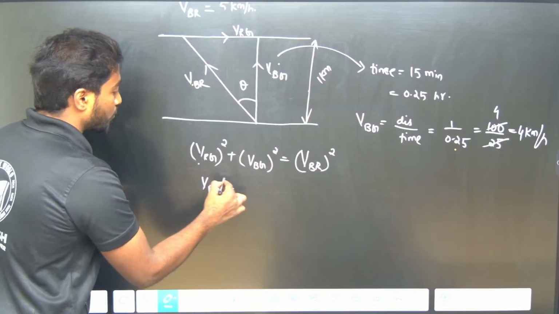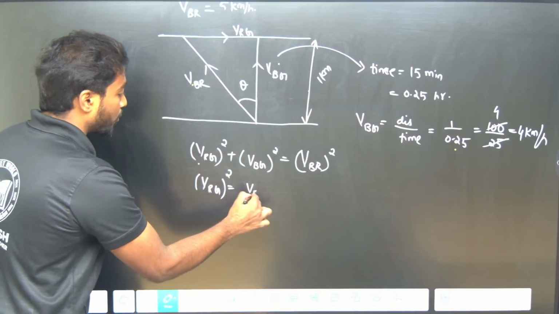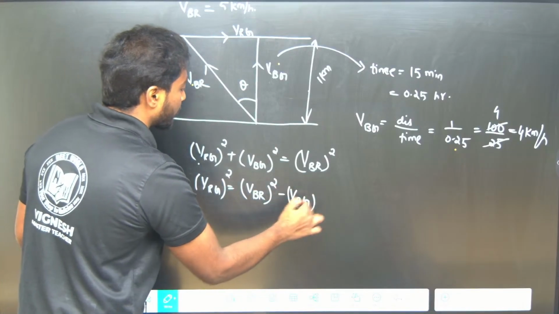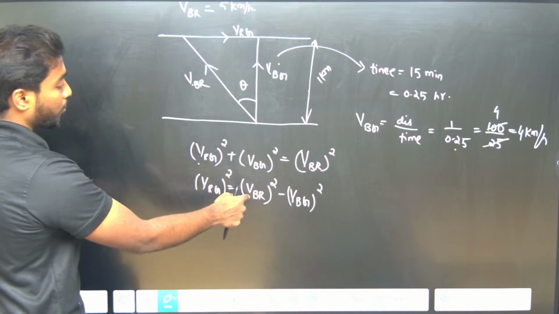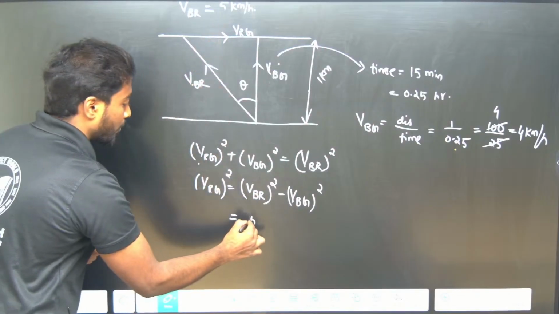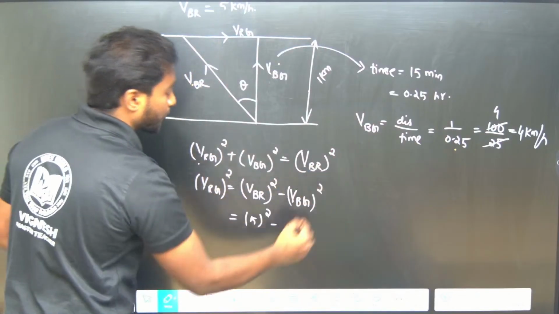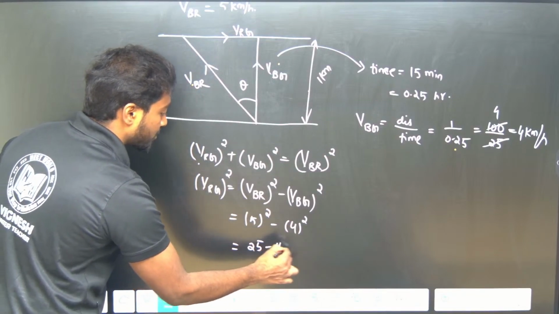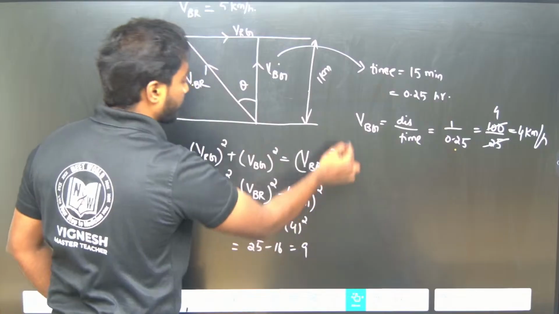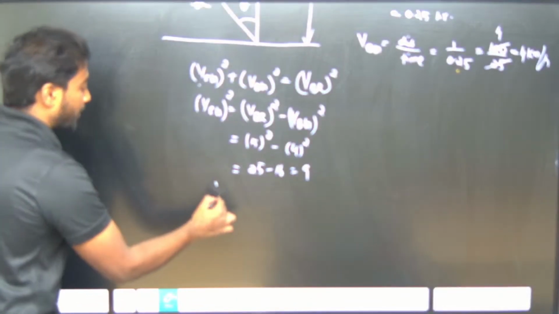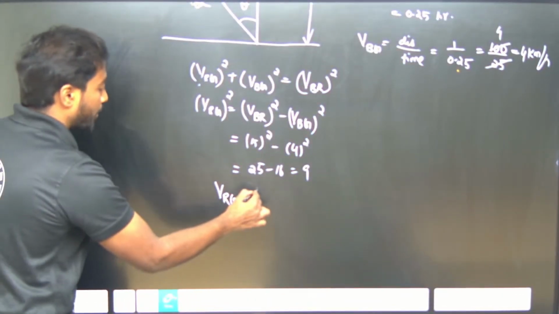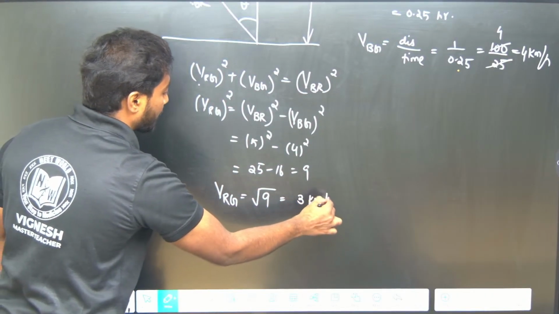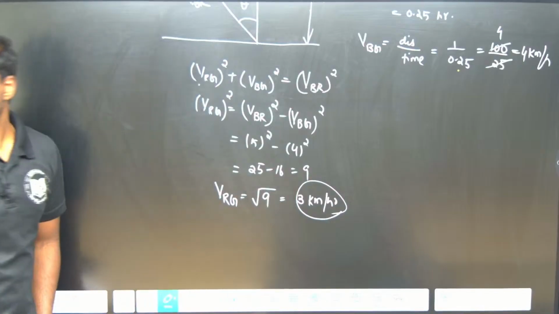It will be equal to velocity of boat with respect to river square minus velocity of boat with respect to ground square. 5 square minus 4 square is 25 minus 16, which is 9. So velocity of the river with respect to ground will be equal to the square root of 9, which is 3 km per hour. This is the answer. That's it.